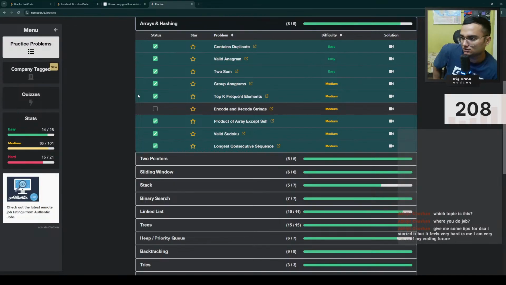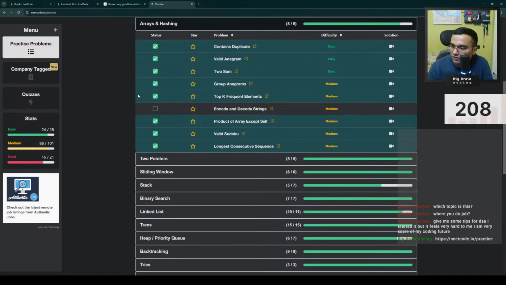Also understand each and every question, understand the concept behind it. Don't just mug up the solution and write the code. That doesn't help. Understand the question, pick up a notebook and a pen and write everything down. Make diagrams, like what is happening. Yeah, that helps you develop intuition. So these are my tips, brother.